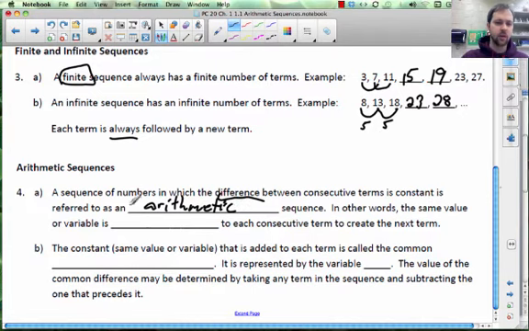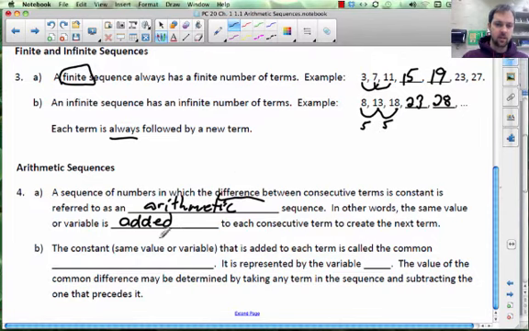In other words, the same value or variable is added to each consecutive term to create the next term. Now, when I say added here, our common difference could be a negative number, in which case if we're adding a negative number, it will appear to be a subtraction. So you can have arithmetic sequences that actually go down as you move along.